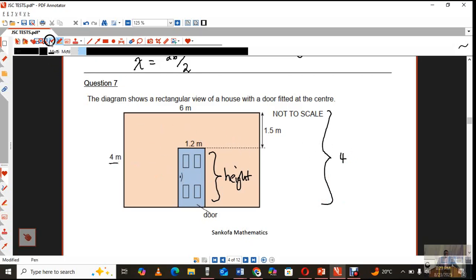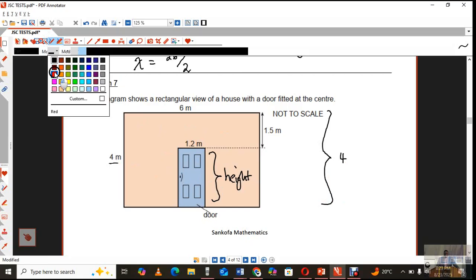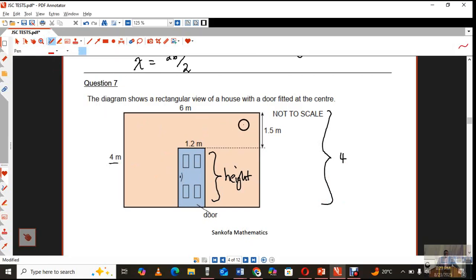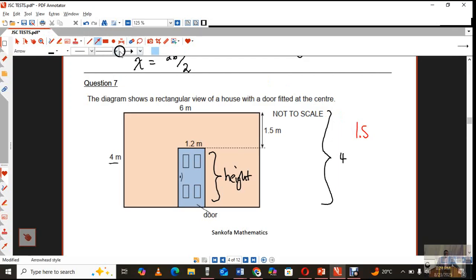Then again, if you look at the distance from here all the way up to, let's say, there, that is 1.5.